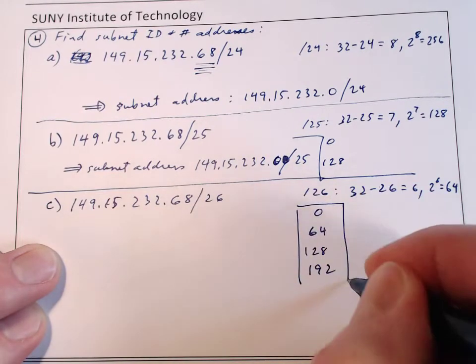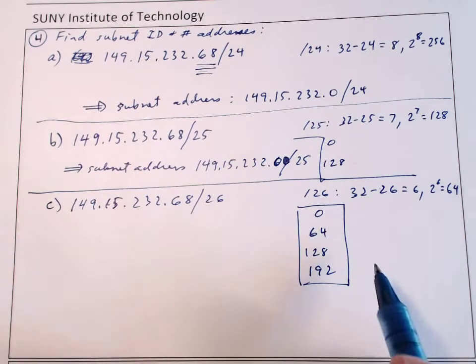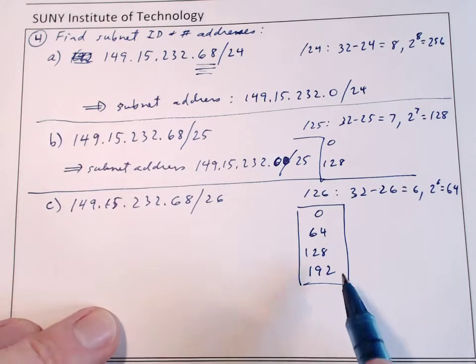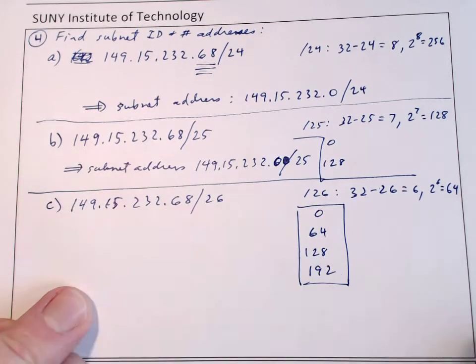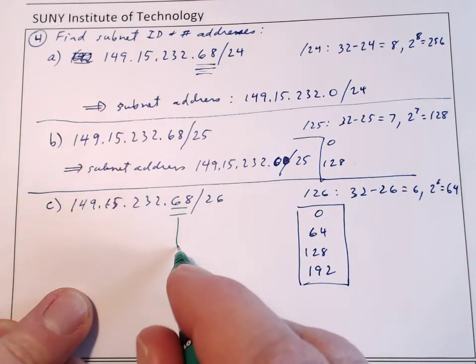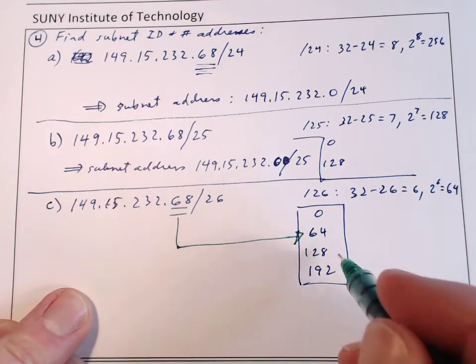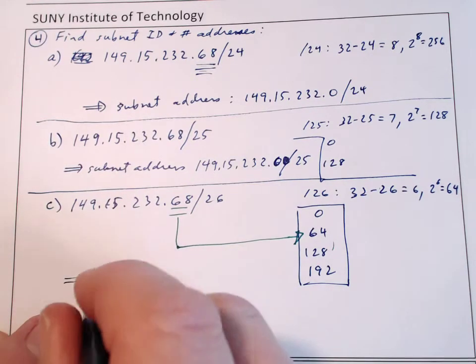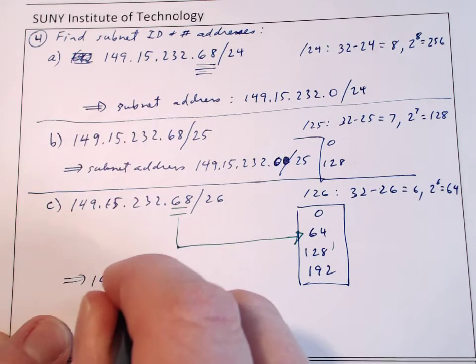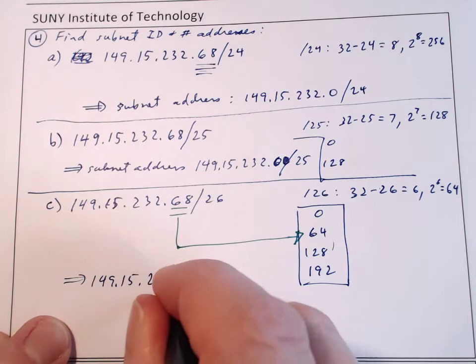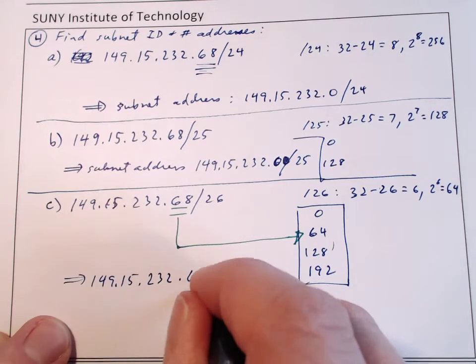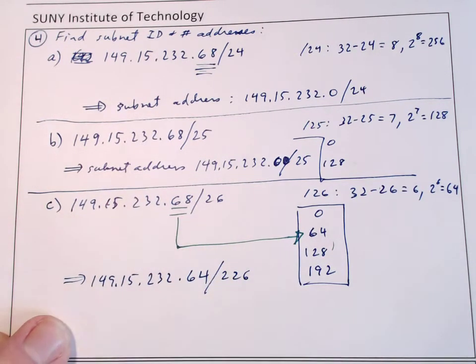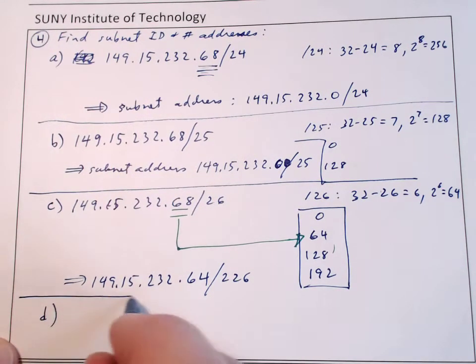That's my division into 4 subnets. And the question is, where does the 68 lie? And the 68 lies within the second one, between 64 and 128. Therefore, the answer is 149.15.232.64/26.